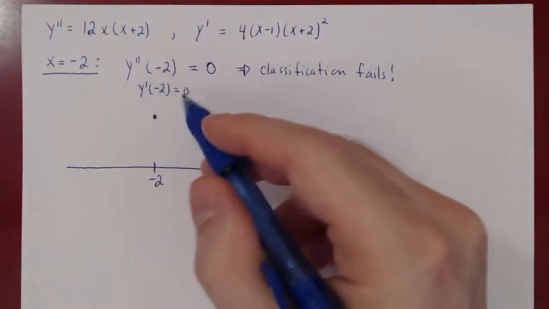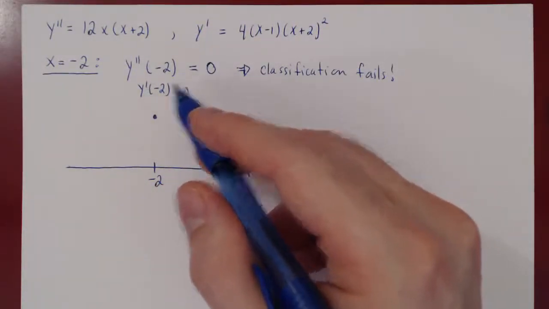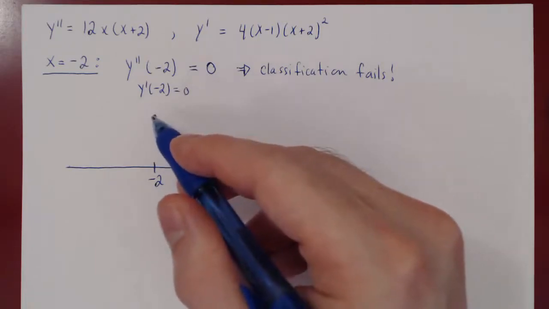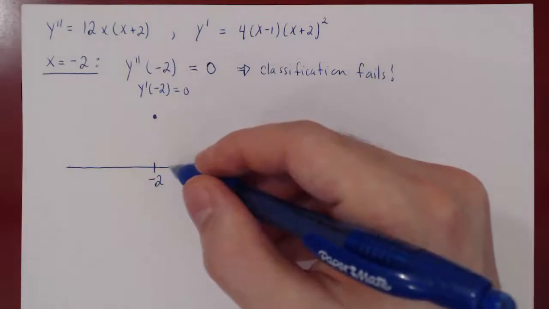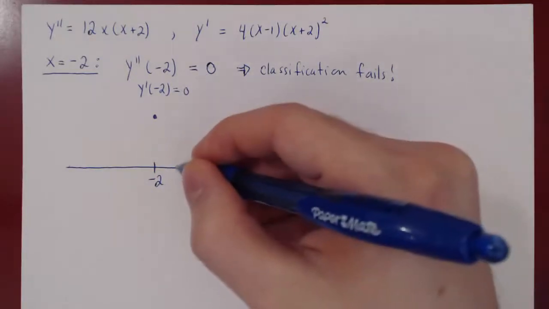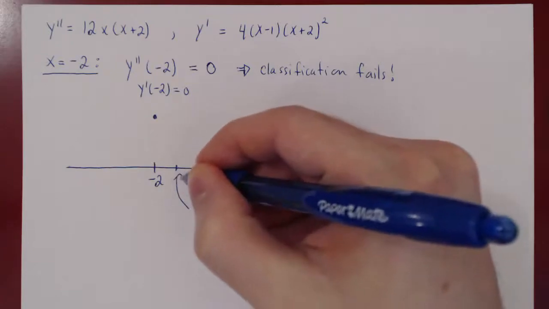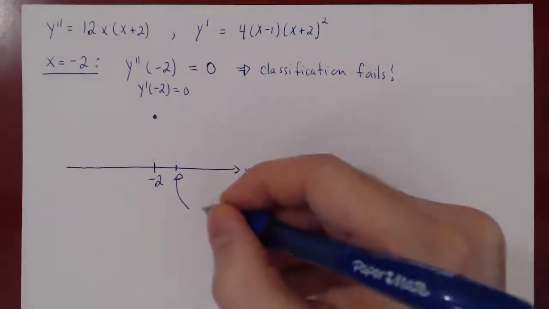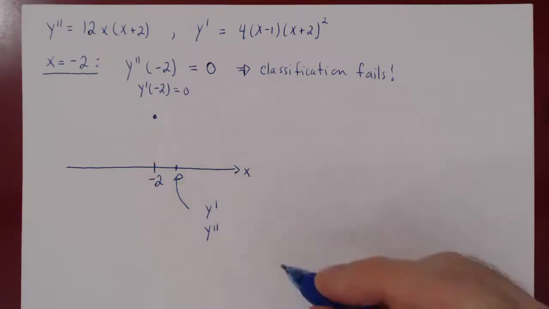And why is this important? Because if the derivative at negative 2 is 0, the tangent line is horizontal, so the curve will be flat around this point. Let's look now for a value really close to negative 2, but from the right. What will be the sign of the derivative and the sign of the second derivative?